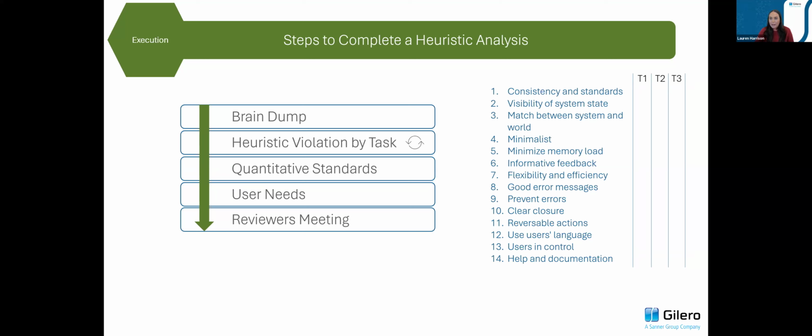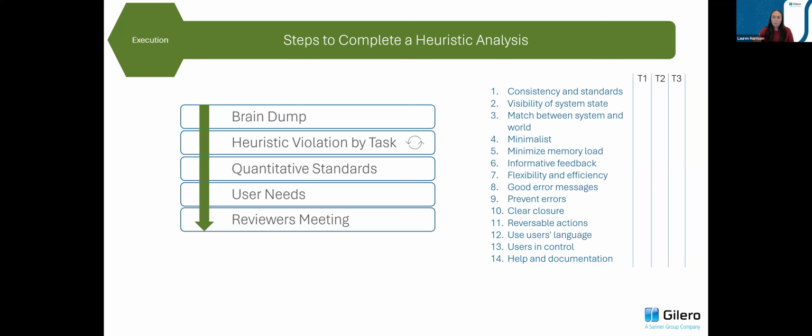For example, for opening packaging here, I would apply it to heuristic 1, consistency and standards, visibility of system state, match between system and world, and so on, all the way down that list, and look for violations. If there has been a violation, I would denote it on this checklist here. And then I would also write down that violation, description, potential harms, and score on my scorecard. So we're capturing it in 2 locations.